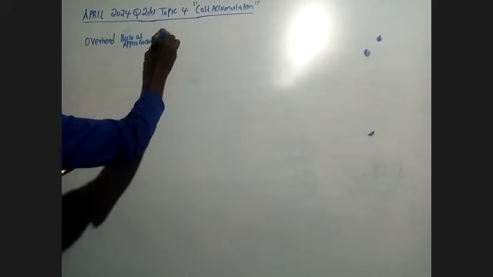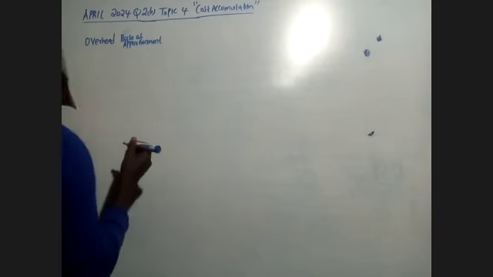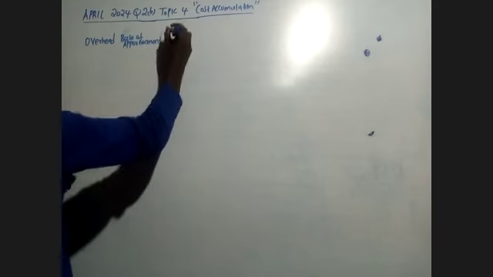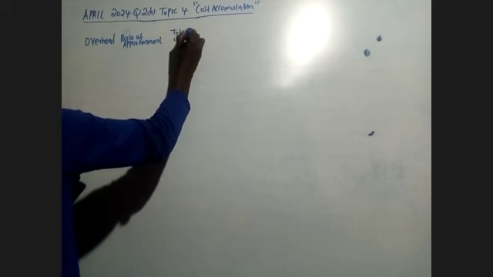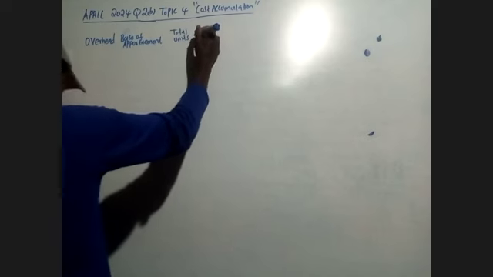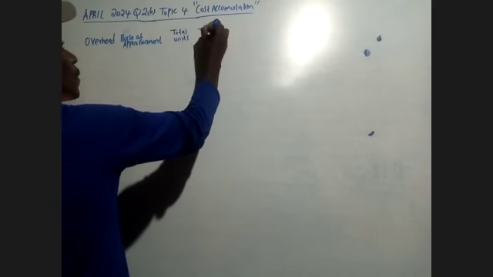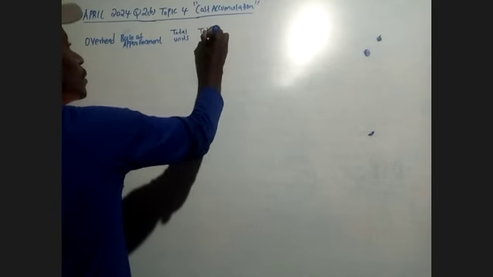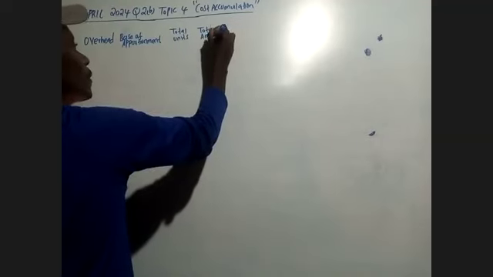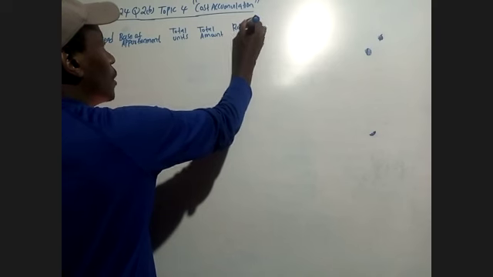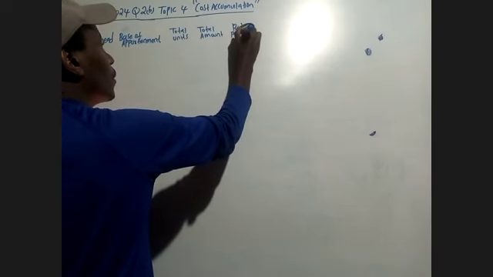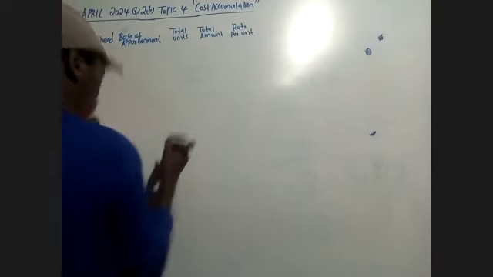Base of apportionment, and then total units, and then total amount, and then rate per unit. So this is the format.